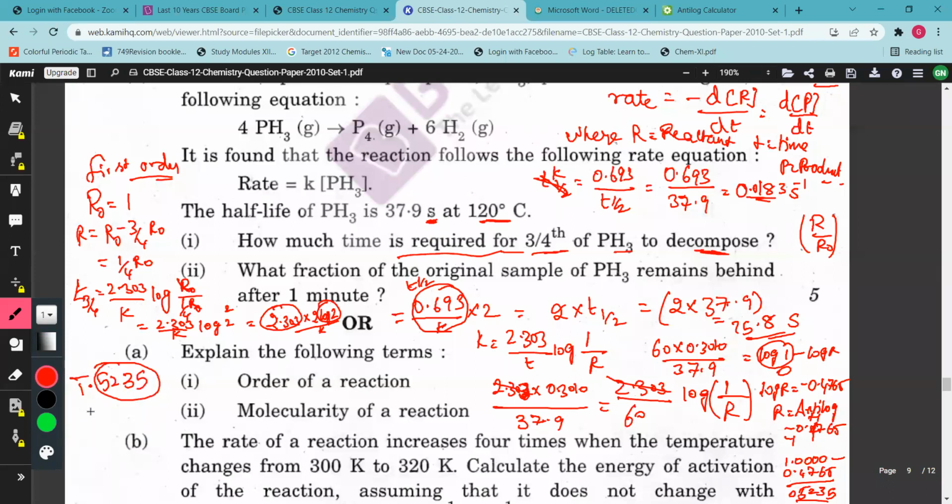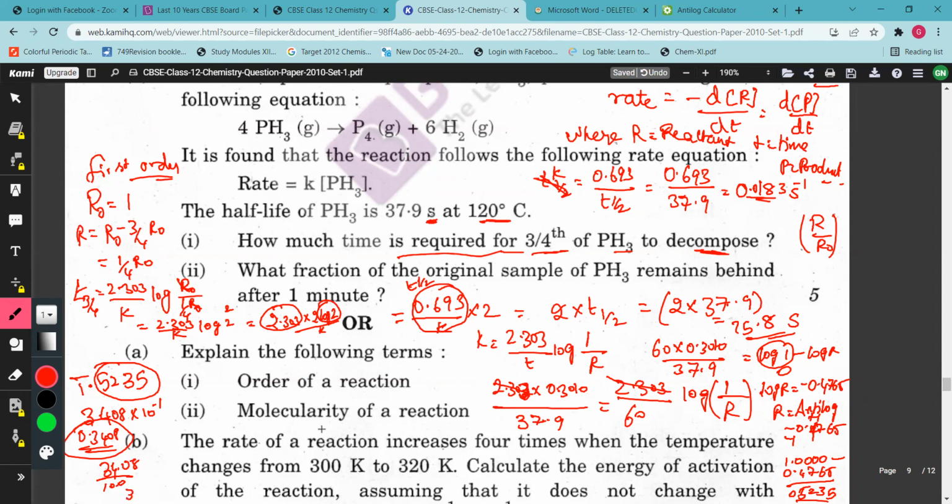The answer is 3.408 into 10 power minus 1, or 0.3408. So the fraction of this left out is 0.3408, or we can write 34.08 by 100.